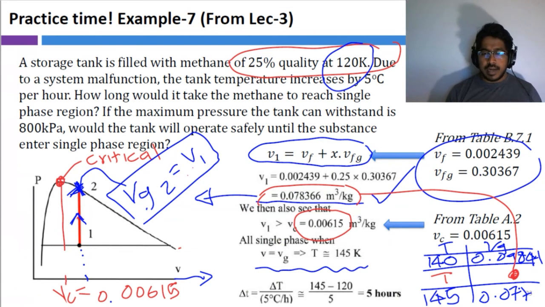So what I did was I assumed that 0.078 is significantly close to 0.077. So that's why we have 145 Kelvin. If you want further accuracy, then you can interpolate between this bracket and find the temperature, right?